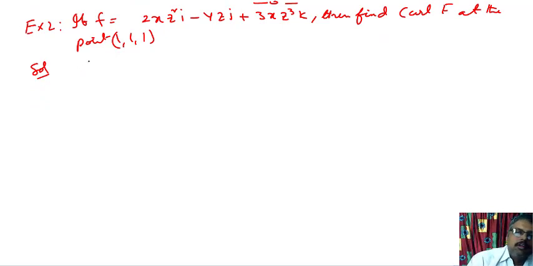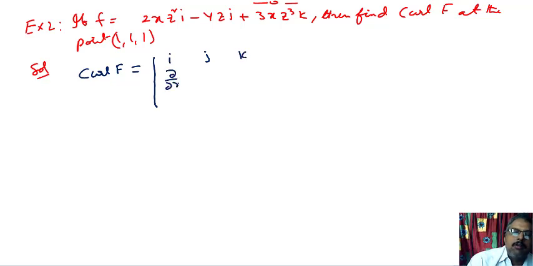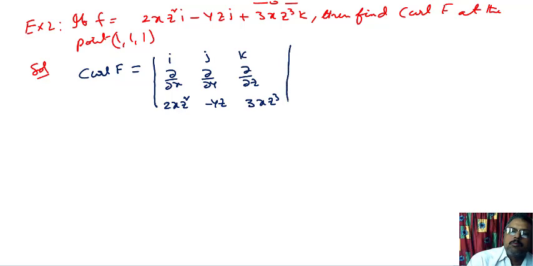Curl f equals the determinant of i, j, k, dou by dou x, dou by dou y, dou by dou z. Now the coefficient of i is 2xz square, minus yz is the coefficient of j, 3xz cube is the coefficient of k.